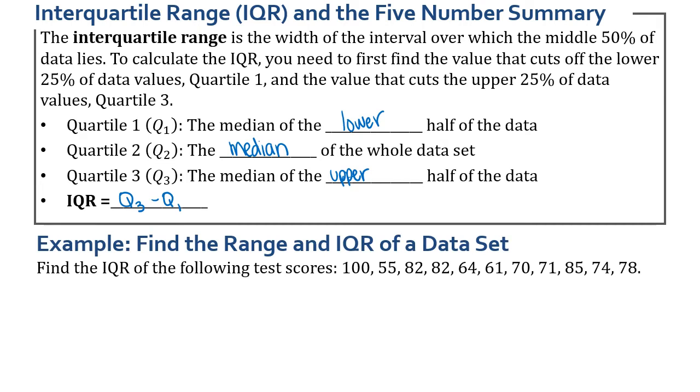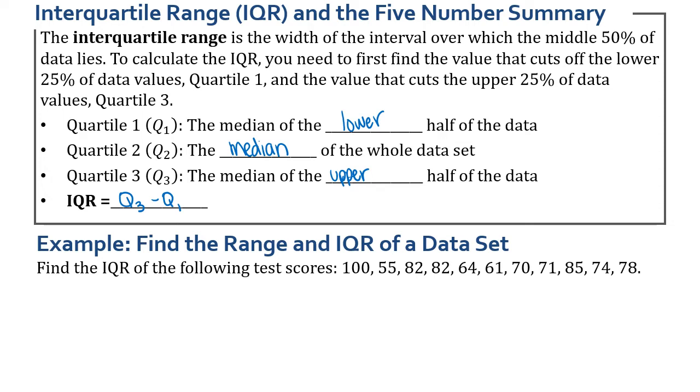So let's look at an example. Find the IQR of the following test scores: 100, 55, 82, 82, 64, 61, 70, 71, 84, 74, and 78. We already found the range of these, which was 45, and that gives us a pretty good idea. However, if we really think about it, these aren't really spread out.